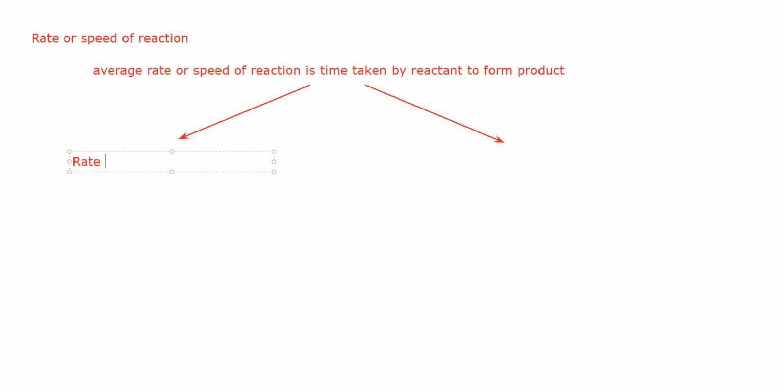There are many formulas, but these are the two formulas which you will learn to calculate the rate. So rate of a reaction is change in amount of reactant divided by time interval.